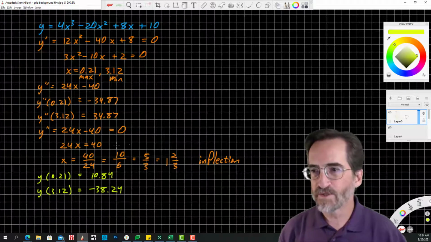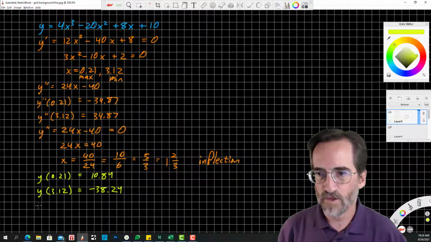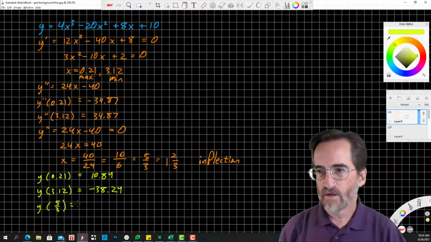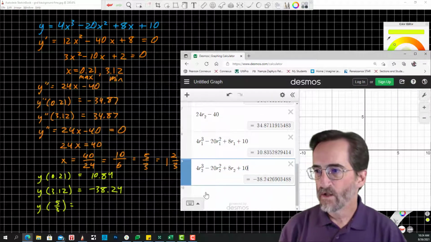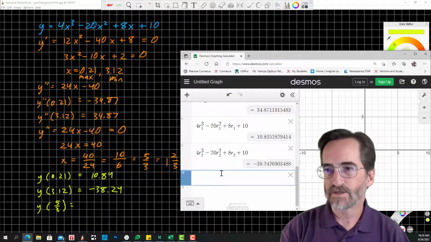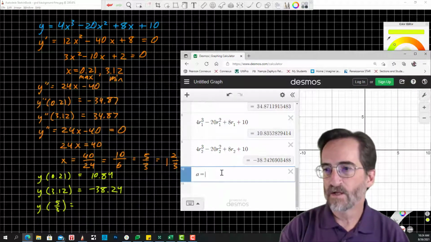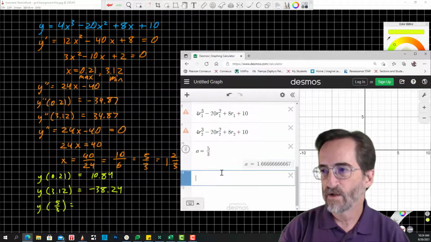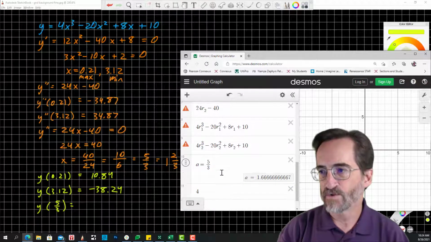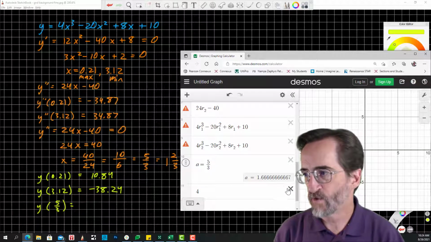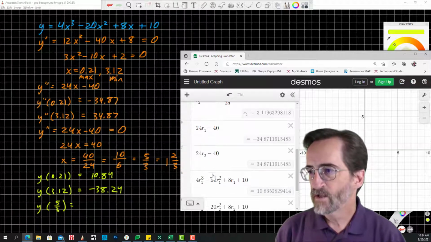I might be interested in 1 2/3 as well. Y of 1 2/3 or 5/3. Let's say A equals 5/3. Oh, I can't use A. I've already used A. That's why we're getting error messages.